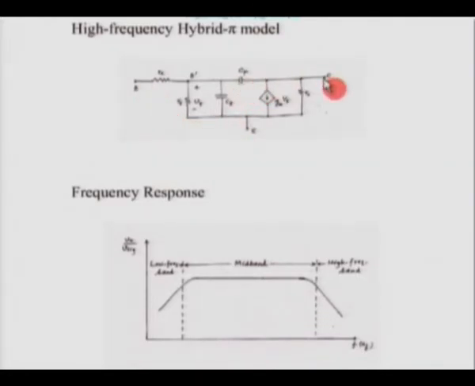So this capacitor C mu, which appears between collector and base, would now appear in parallel, and we know that the value of C mu is quite small. Therefore, in the case of a common base amplifier, intuitively we can see that the high frequency response is quite high. So in a later lecture, we will talk about how we can combine the common emitter and common base and get a very high frequency response, also a very high voltage gain.